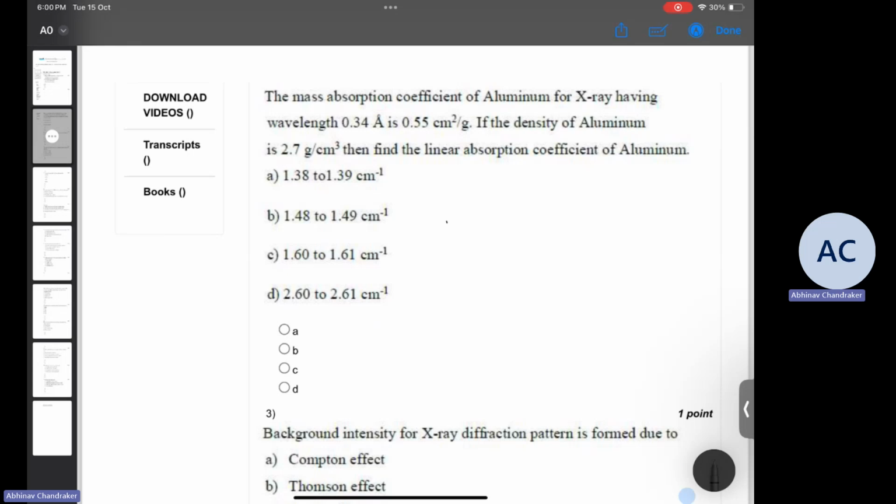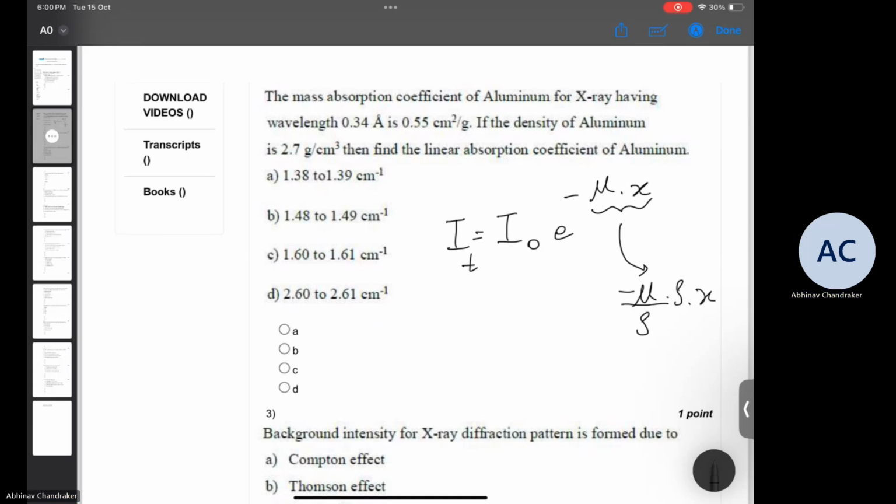So we know that the formula is like this for absorption of X-rays. I transmitted equals I naught e raised to minus mu into x, or you can also write this term as minus mu by rho into rho, to take into account the density of the specimen you are using, because usually the higher the mass, the more will be the absorption of the X-rays, since there are heavier atoms.